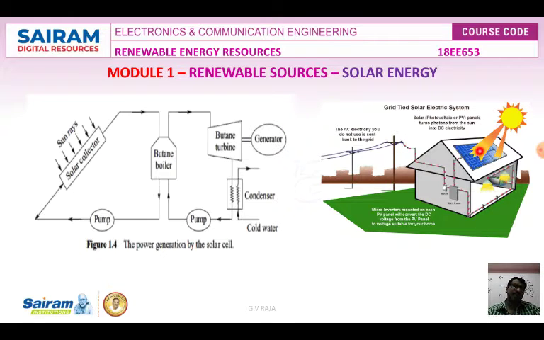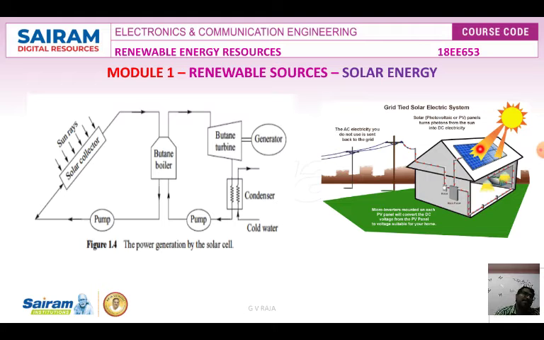This is called a solar cell or semiconductor cell, because most solar cells are manufactured from silicon material. A single solar cell can produce electric power of 1 watt at a voltage of 0.5 volt.